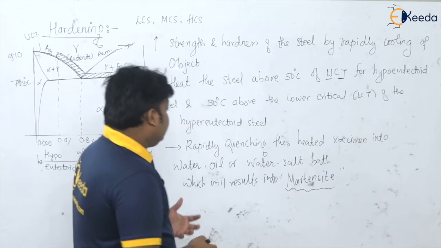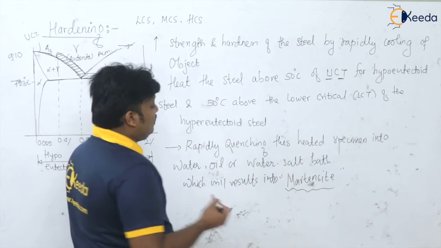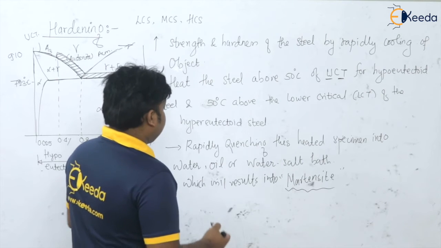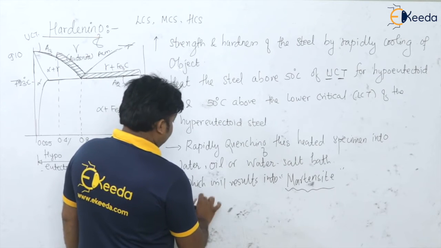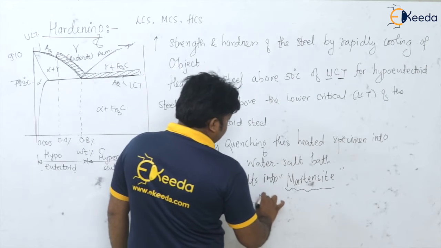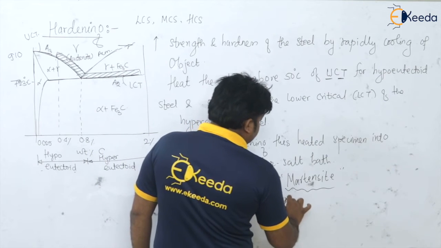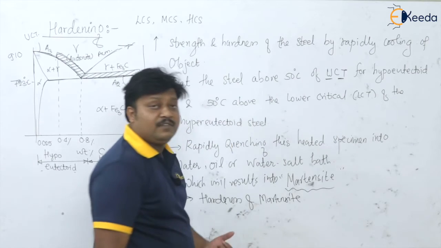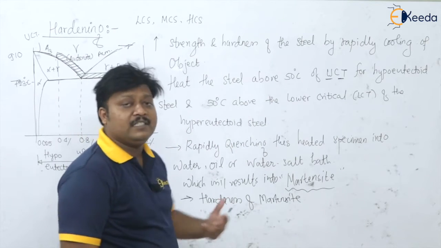And see, the formation of this martensite, or the hardness of this martensite, depends on the percentage of composition, on how much carbon is there.